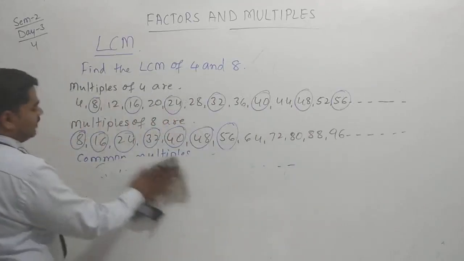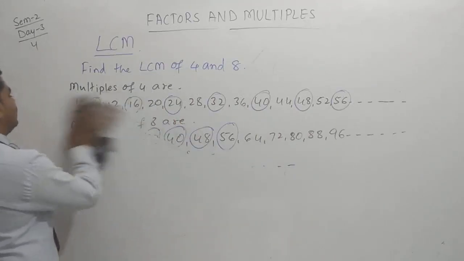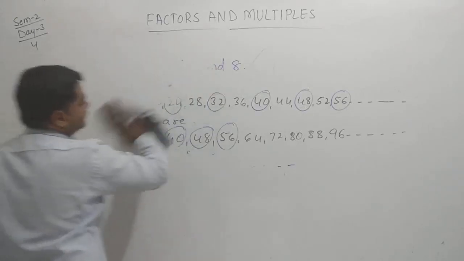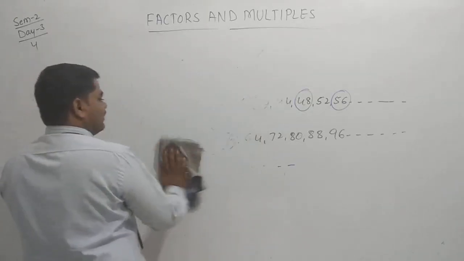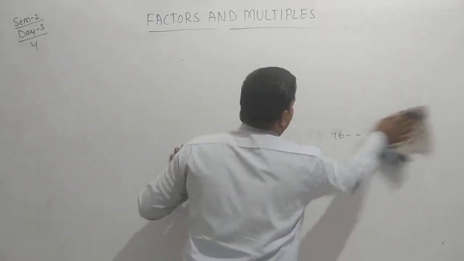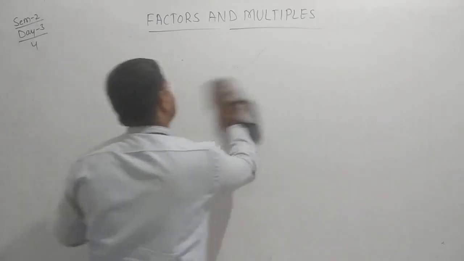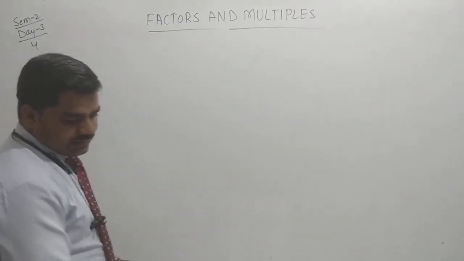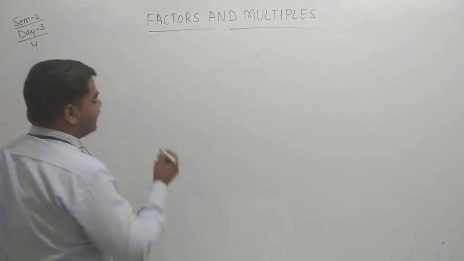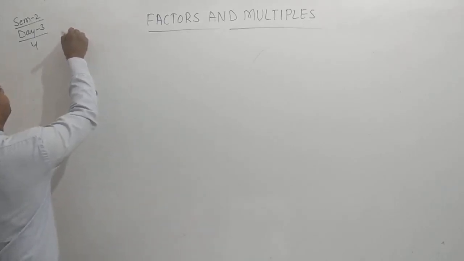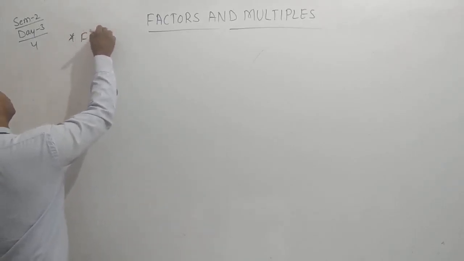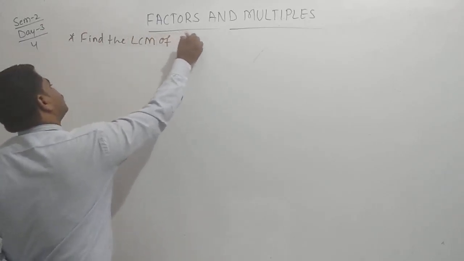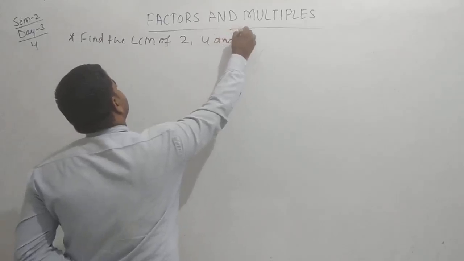If 3 numbers are given, how to find the LCM of these 3 numbers? Same method, same steps to follow. First, list the multiples of all the numbers. Here the 3 numbers are 2, 4 and 10. Find the LCM of 2, 4 and 10.